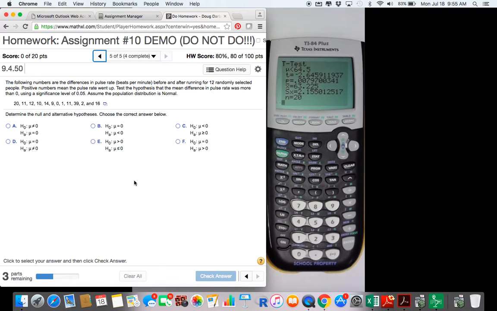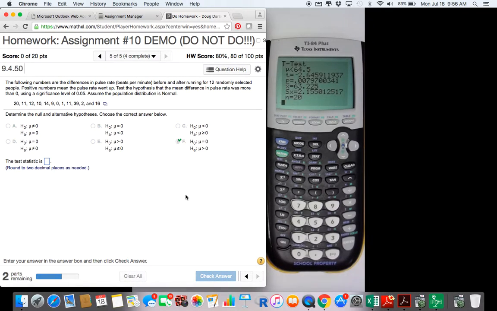All right, so what we're looking for is the alternative hypothesis that's greater than. So that's not it, that's not it, but this is it right there. So I know that my alternative hypothesis has to be greater than, and the null hypothesis has to be equal to.